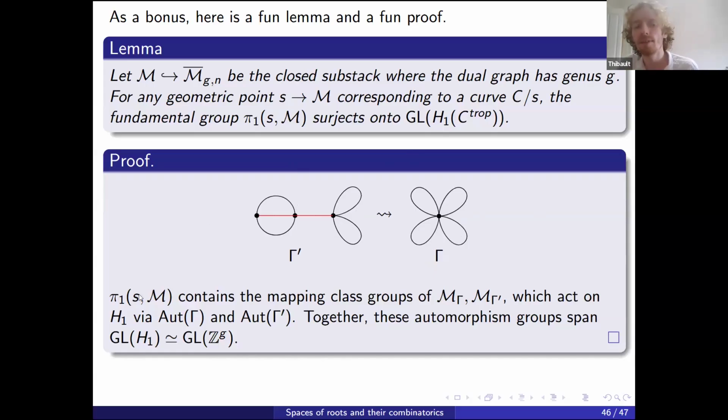And that means that the monodromy action of M contains copies of the monodromy action of M gamma and the monodromy action of M gamma prime. Right? So whatever I can do to the homology of my lattice using pi1 of M is at least as much as what I can do using pi1 of gamma and pi1 of gamma prime.